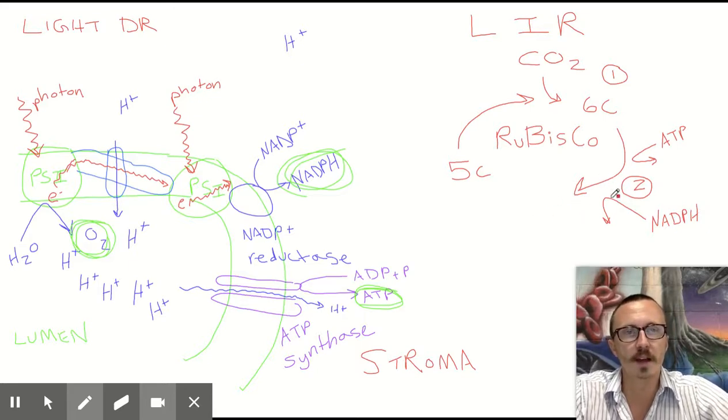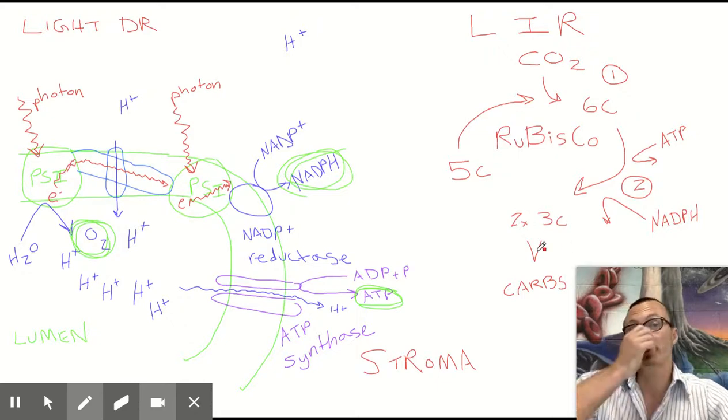And so we end up with a 6-carbon sugar. It actually gets split and energized here. We end up with 2 3-carbon molecules that can be easily combined to form our carbs. And believe it or not, these 3-carbon compounds can actually be used to form a lot of things.